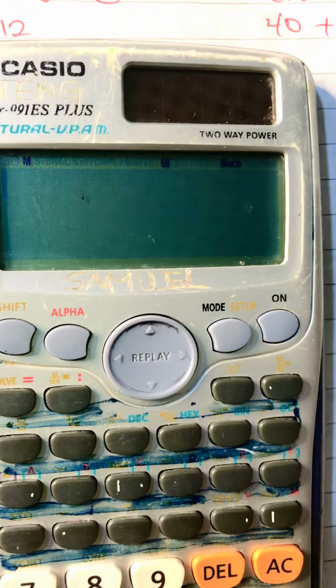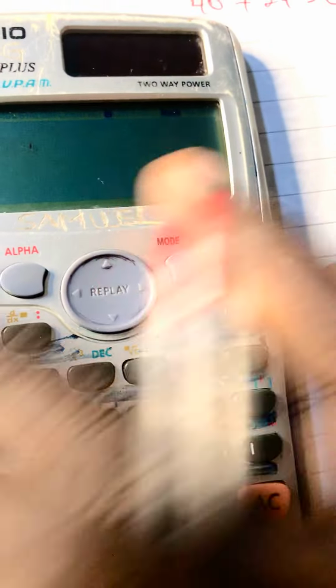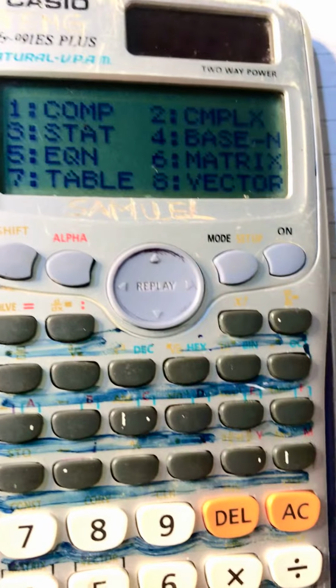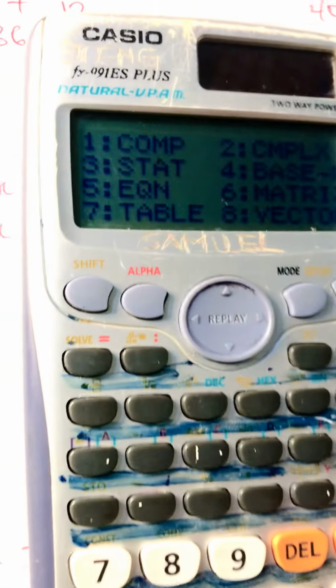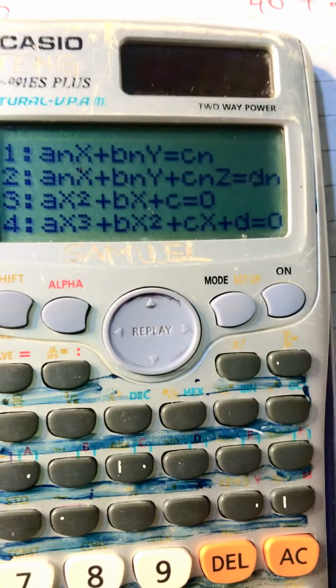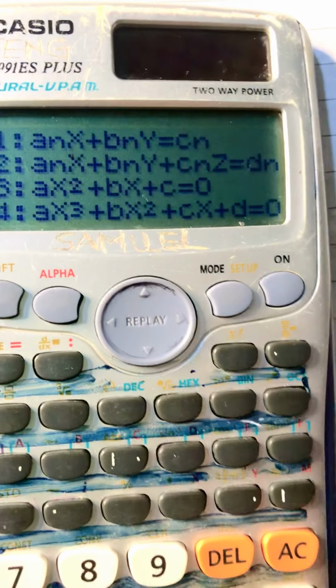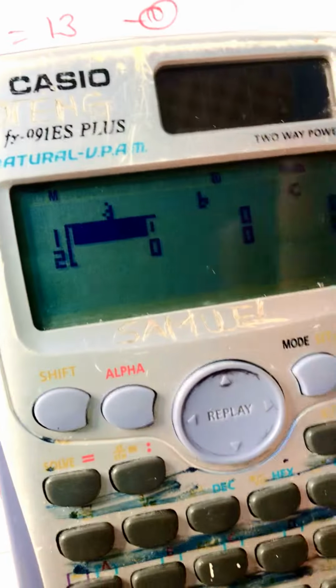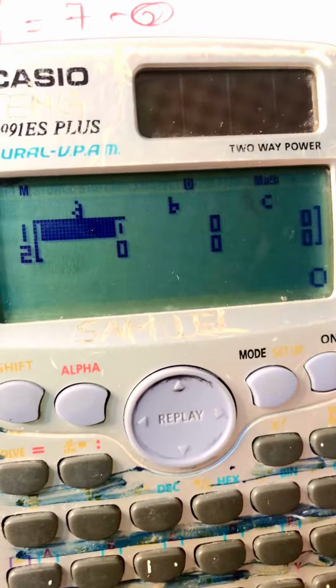Okay, good. Now to start with this, we go to the same procedure. Go to mode, choose number 5, equation, because you are dealing with an equation. Then we press 1, the first equation. Great, good. So we now input our parameters.